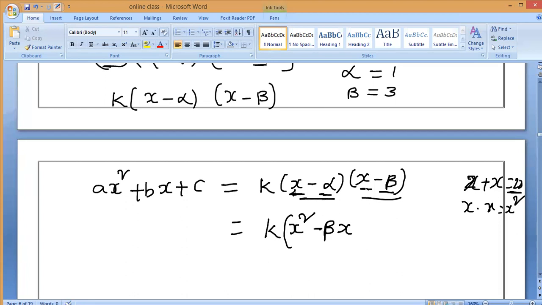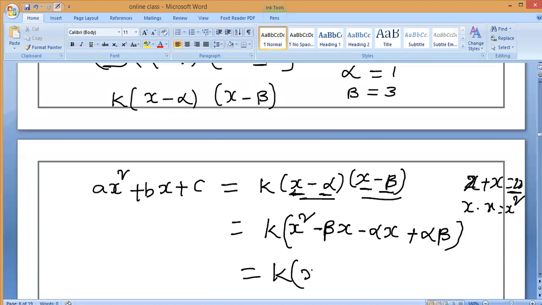Minus alpha into x is minus alpha x. Alpha into minus beta: minus into minus plus, alpha into beta. Okay, that's correct.